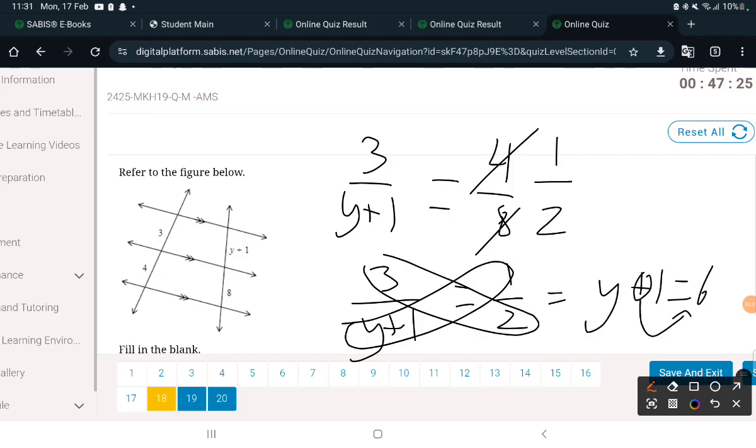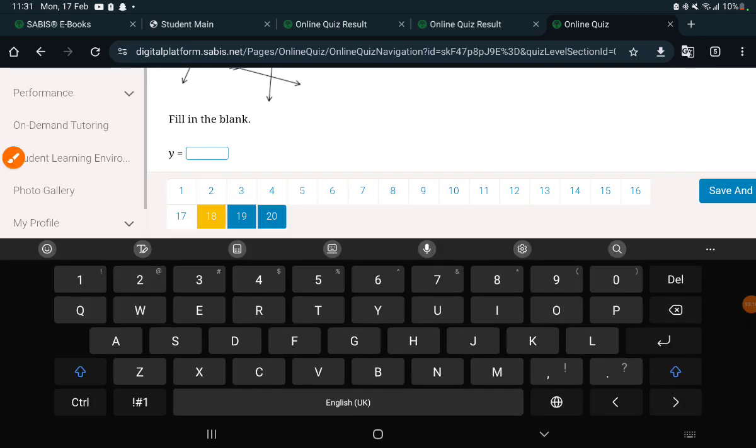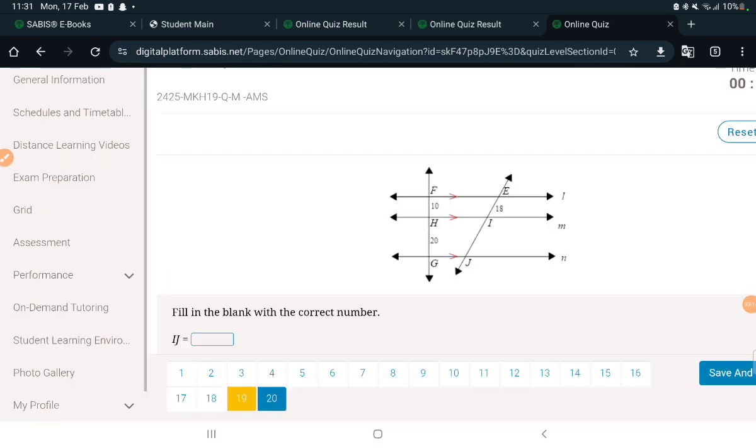Take plus 1 to the other side, it'll be minus 1. So 6 minus 1 is 5, so y equals 5. That's your answer. If you understand the concept for one question, you'll understand all of the questions and you'll get them all correct.